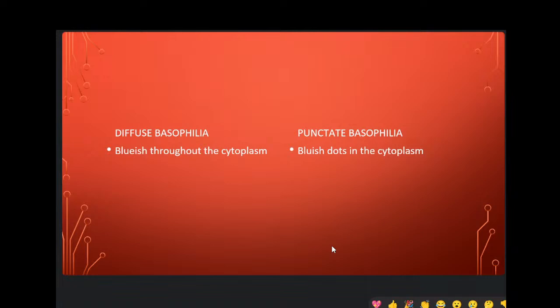Kaya nga punctate, from the word punch. Pero yung bluish ano siya. May bluish tinge doon sa parts ng cytoplasm na may residual RNA. Clear? Kung anong difference ng punctate basophilia?